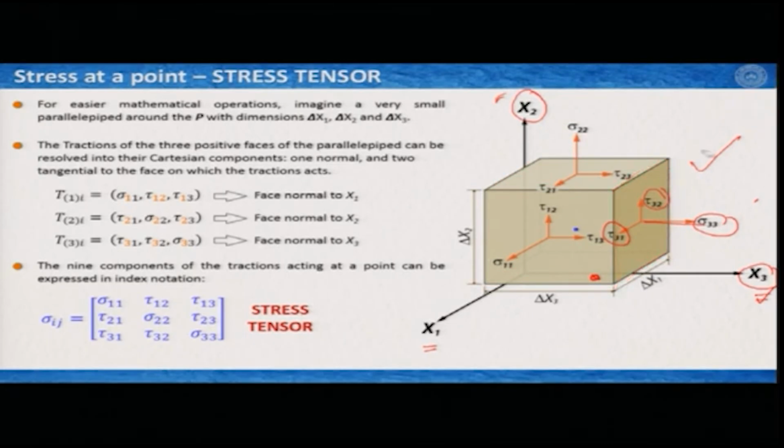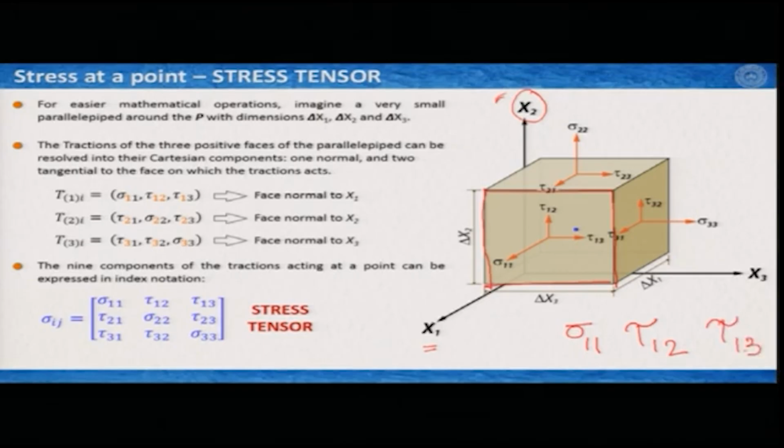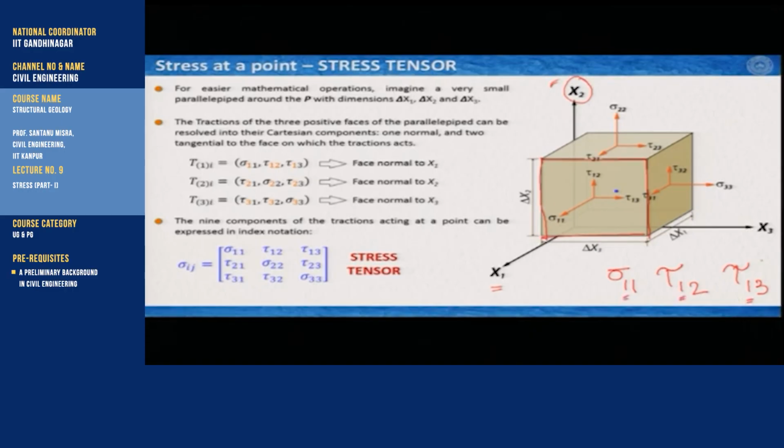Now, you have seen that different notations are given. Let me explain what they are. I come back again to this plane: sigma 1 1, tau 1 2 and tau 1 3. In this case, the first index in each of these stress components indicates the plane on which it is acting, that is, the plane perpendicular to which it acts.